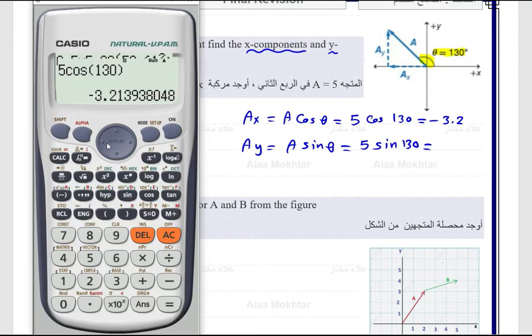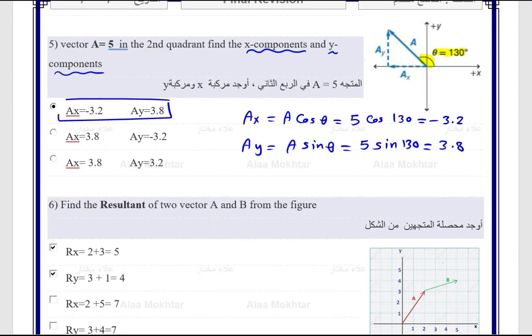It is just changing cosine with sine. The answer will be 3.8. If you look at the figure, Ax is to the left side, the negative direction, so we get the negative sign, and Ay is up, the positive direction, so our answer is positive.